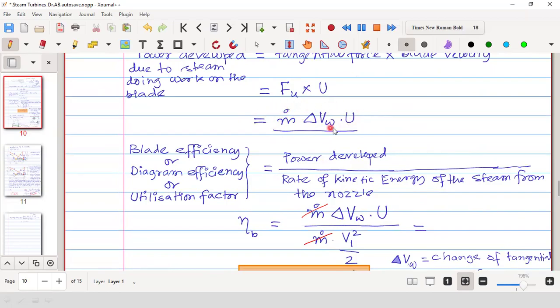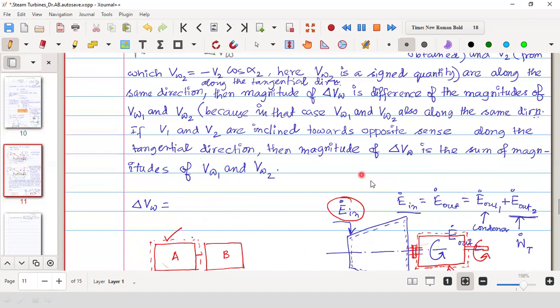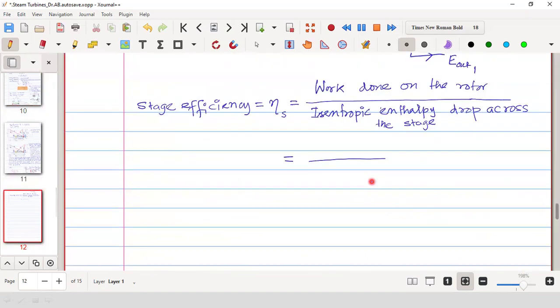M dot into delta V W into U, divided by the enthalpy drop, that is basically M dot into delta H isentropic.